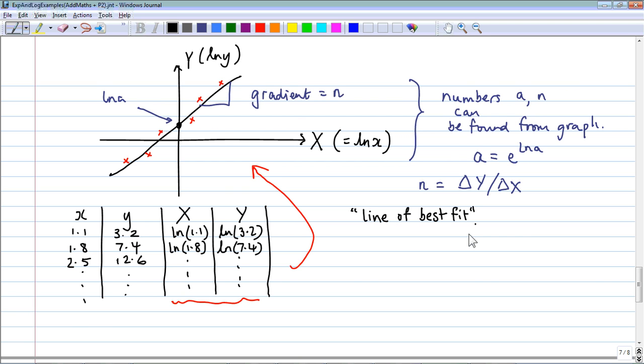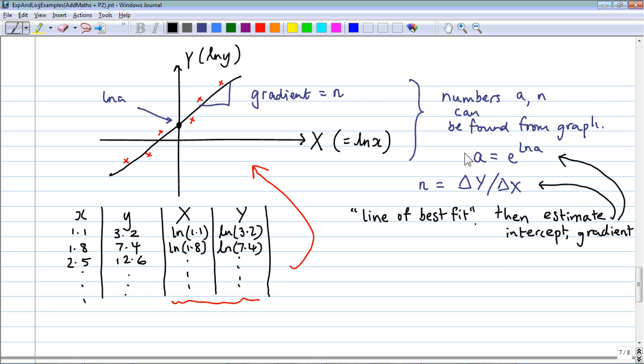Having made that line, you can then estimate the intercept and estimate the gradient. Having estimated the intercept and the gradient, that data can be used to feed into these two calculations, which will give you your estimates for A and n. And that usually is what you need to do to solve the question.